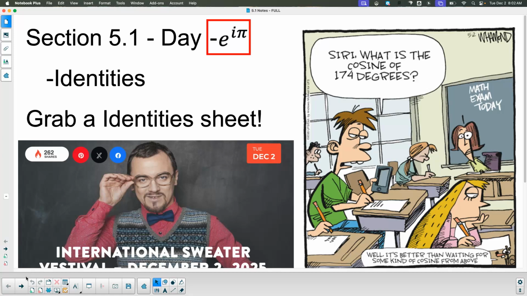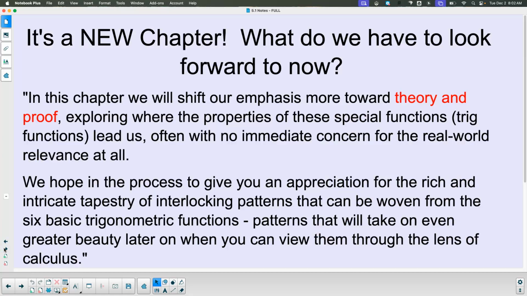Alright, let's do this. We wrote this up a couple of years ago, then we edited it a couple of times since then. We're starting a new chapter, a new unit. In the old book, this was chapter 5.